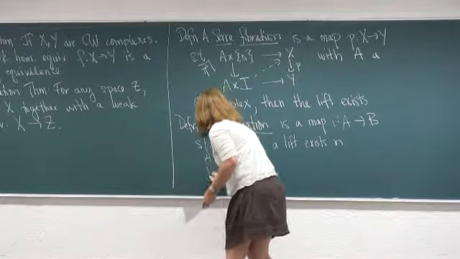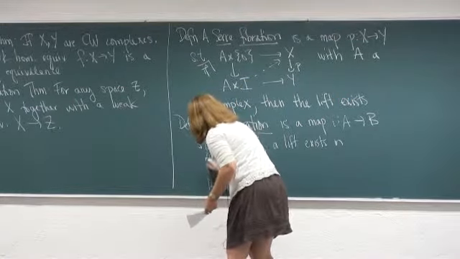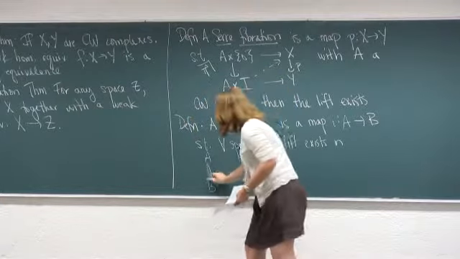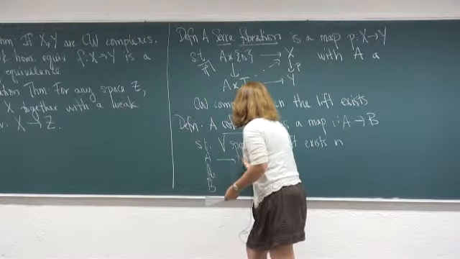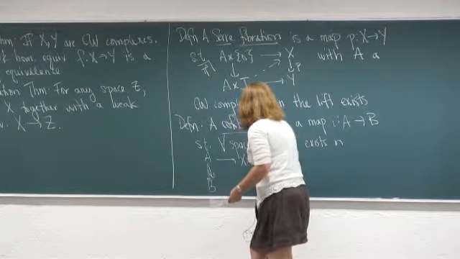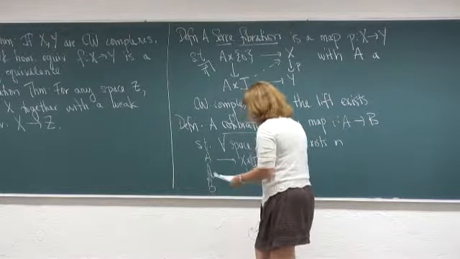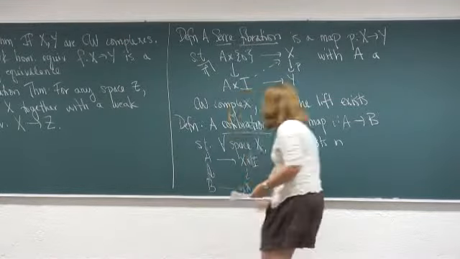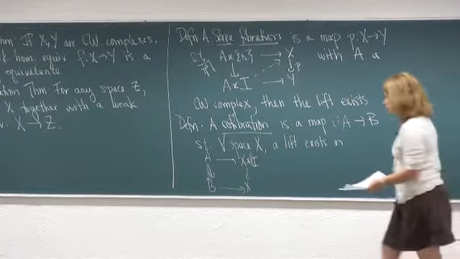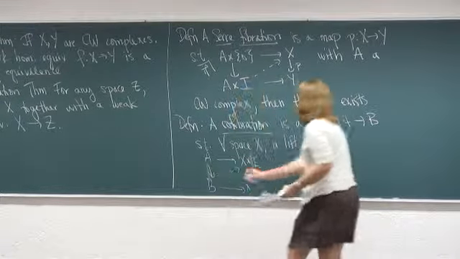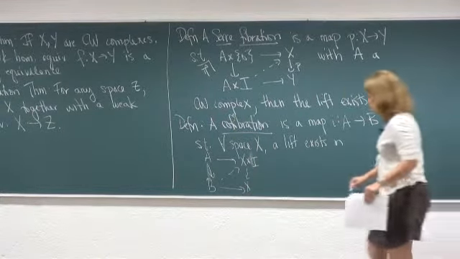So now I've got A to B on the left, and now I have X cross I over here, and then I just project out to X. So I have a lift there.